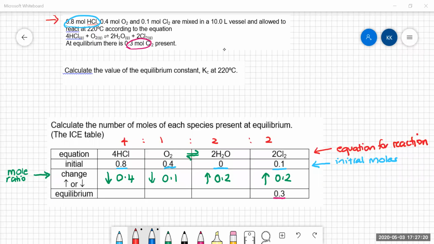Now that we know how everything has changed, we can work out everything's number of moles at equilibrium. Water started at 0 and ended up increasing by 0.2, so at equilibrium, that will be 0.2. Oxygen started at 0.4 and went down by 0.1, so that will be down to 0.3 now.